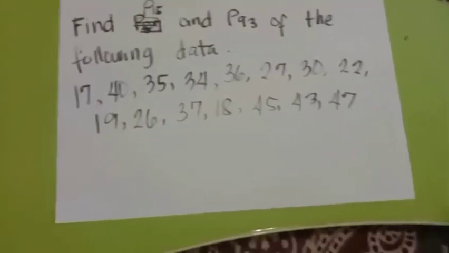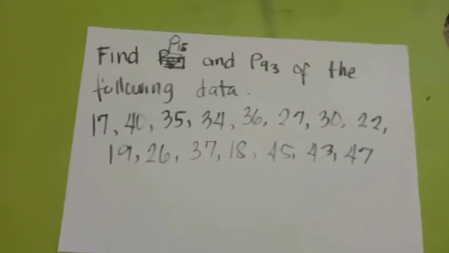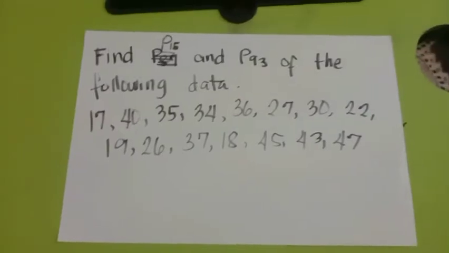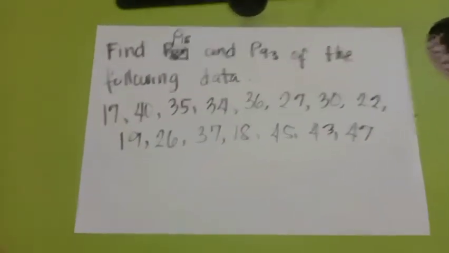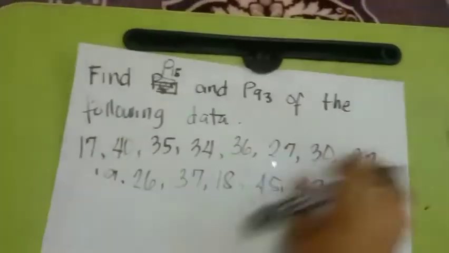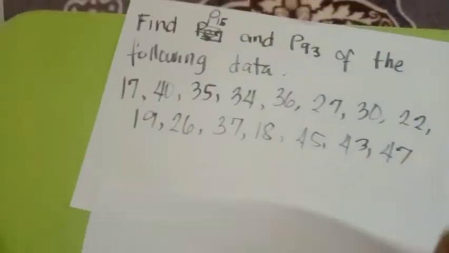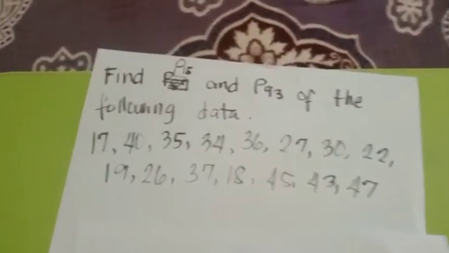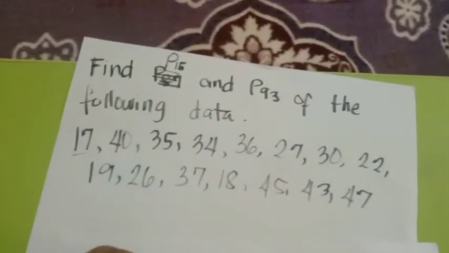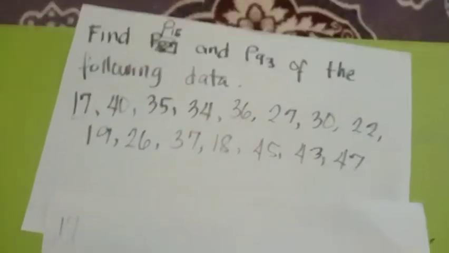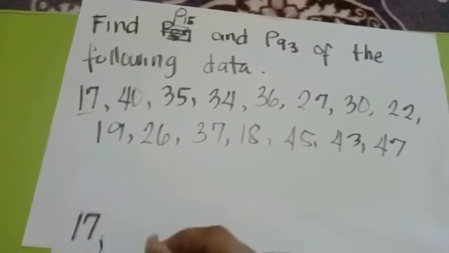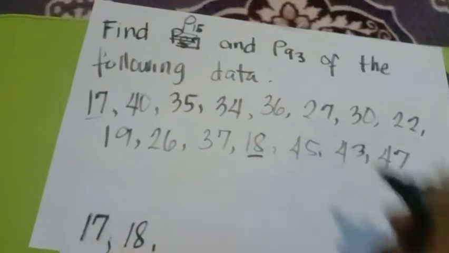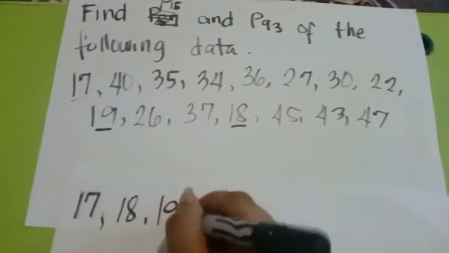Katulad ng mga nauna nating ginawa sa quartiles and decile, let us arrange the data into ascending order. So, ano yung pinakamaliit na value? The lowest value is 17. Then, after ng 17, we have 18. Then, we have 19.